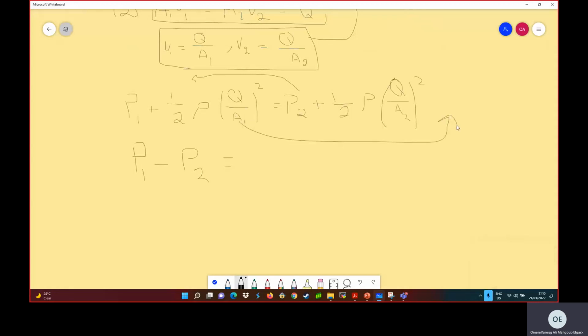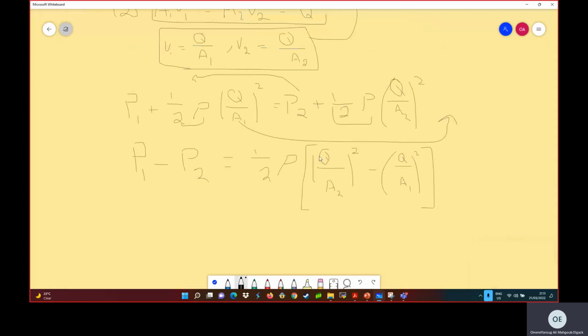So you have half rho, take half rho as a common factor after you move this term there, and then you will end up with Q over A2 squared and minus Q over A1 squared.